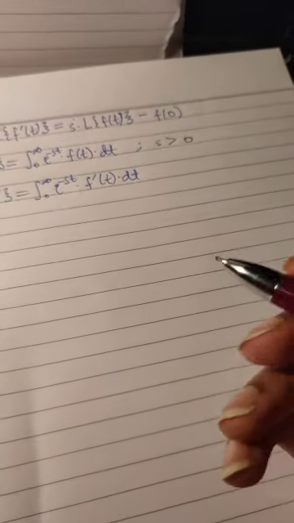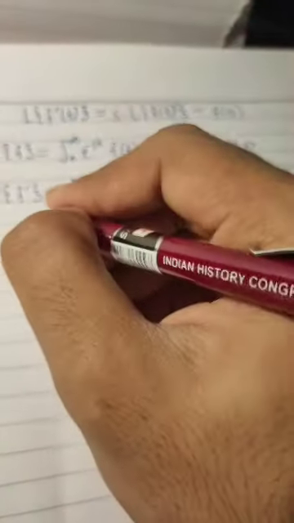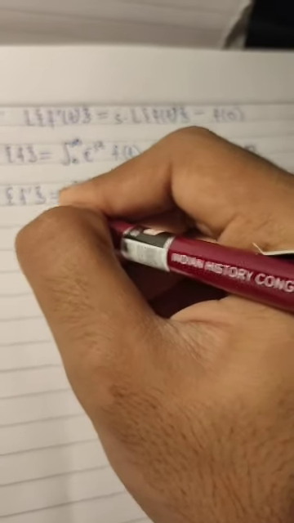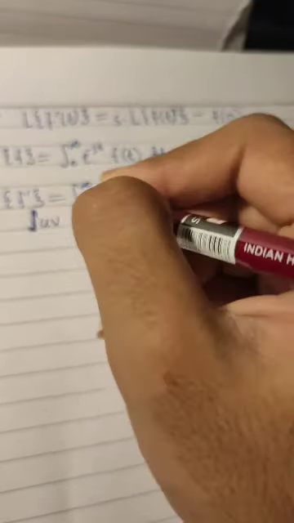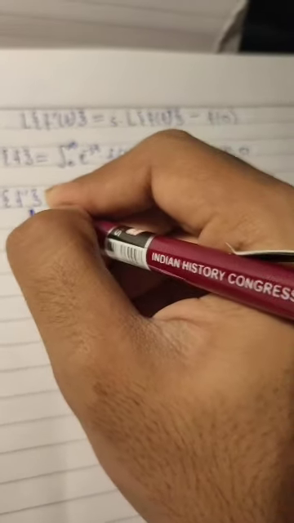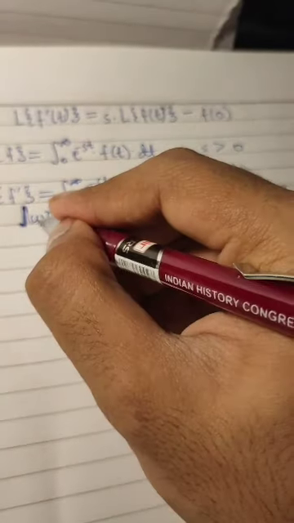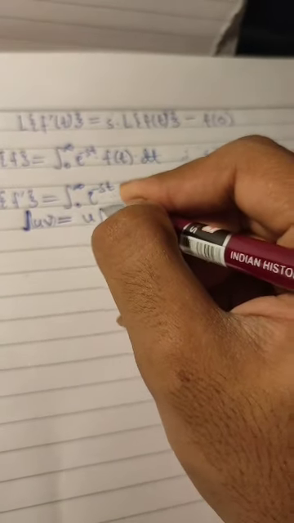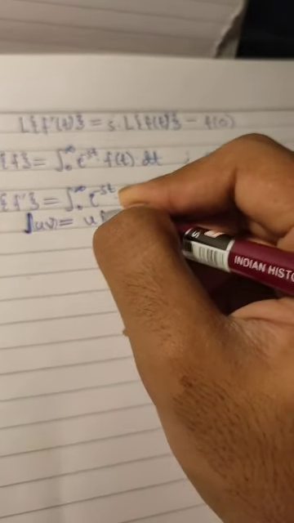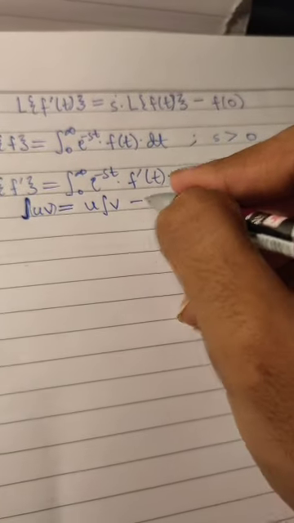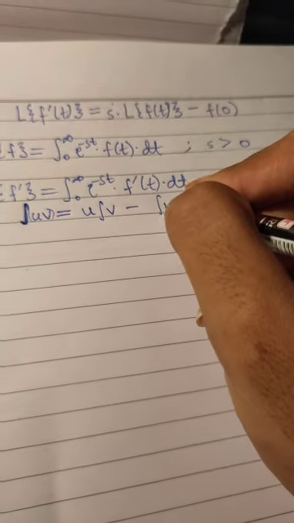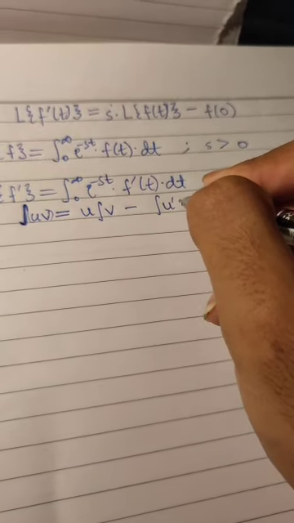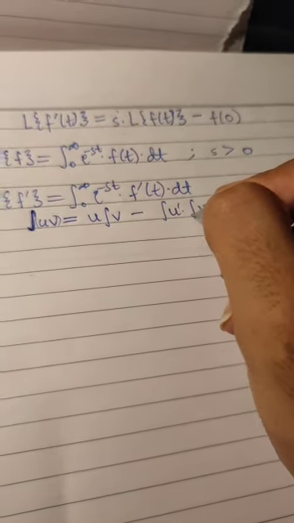So we already know what the by parts rule suggests. It says that if there are two variables u and v, the integral can be u multiplied by the integral of v, minus the integral of u dash multiplied by the embedded integral of v.